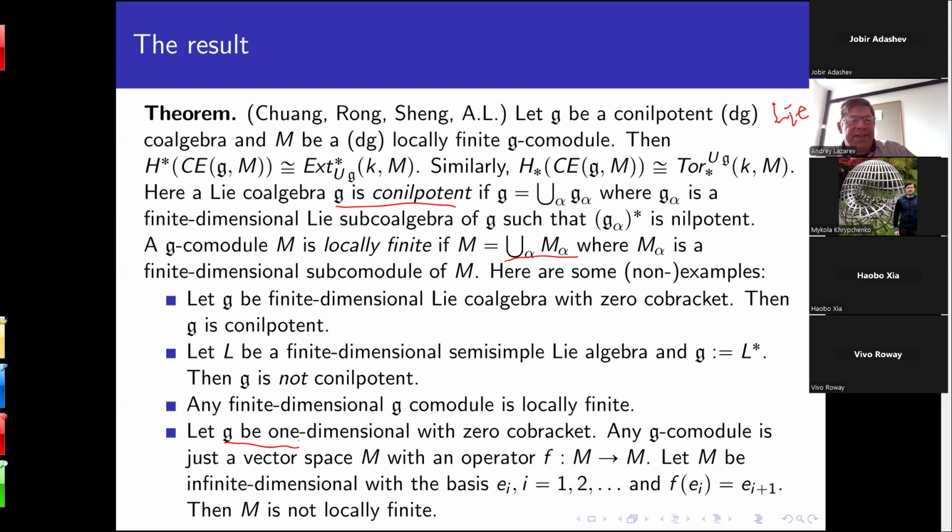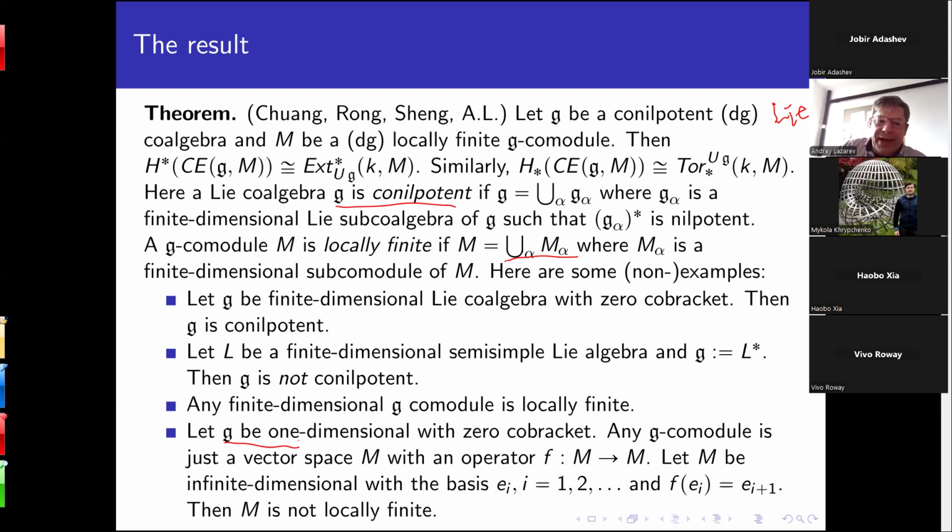If you look at the definition of a comodule over a Lie coalgebra, then you can see that a comodule over it is just a vector space with an operator, just a linear endomorphism, nothing else. There are no restrictions on this operator.